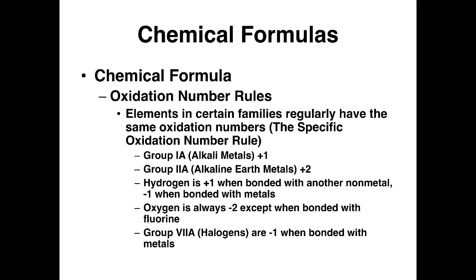And group 7A halogens are -1 when bonded with metals. So it's important for you to keep these rules in mind, and I'd spend a little time memorizing these rules because you need to be pretty quick with these in order to write chemical formulas.